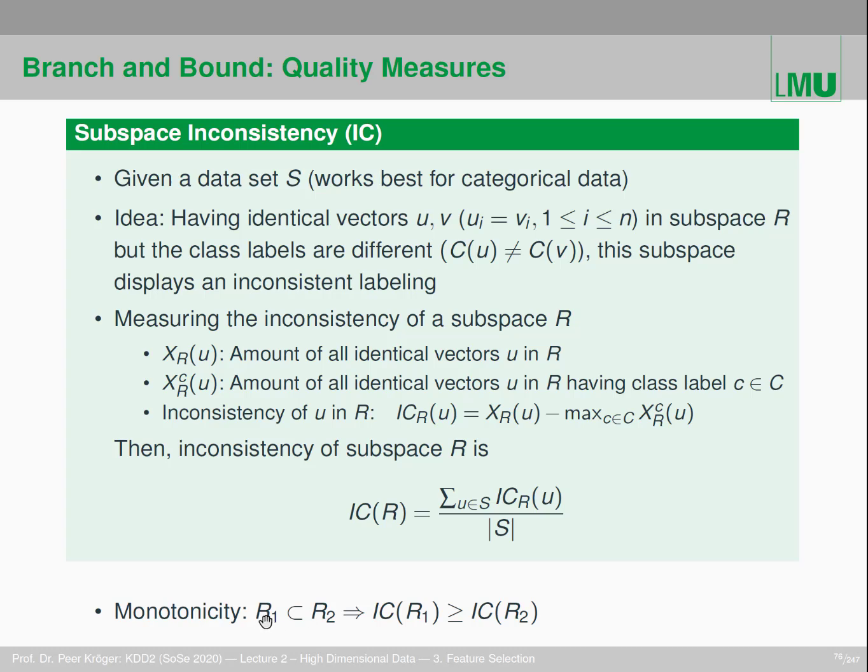So if you go from R1 to R2, you add some new feature. In the best case, everything stays the same. Then it's equal. But you may expect that you add something which adds inconsistency. So in that case, the inconsistency of R2 gets larger. I think it's quite intuitive.